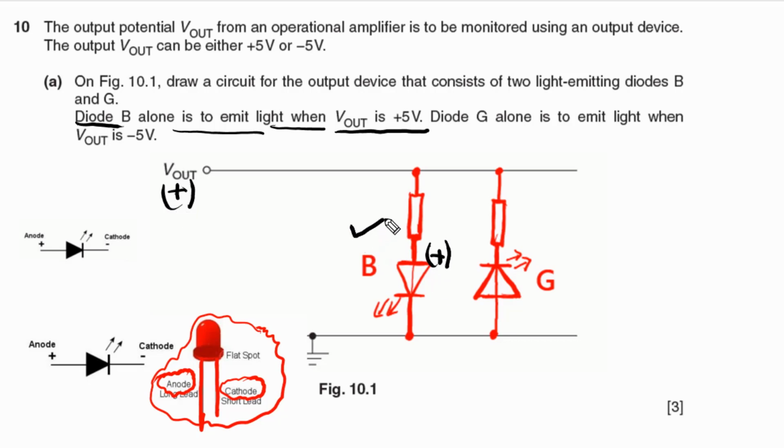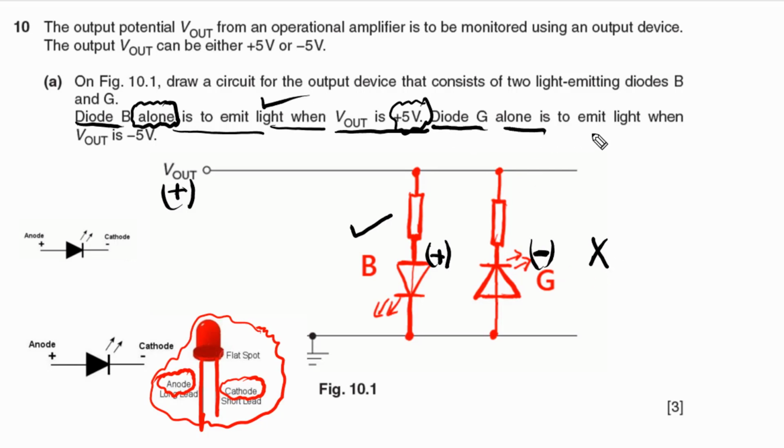So this one will be conducting, which means this LED will be on. It is also given that B alone has to be on when V out is positive, and this is true because this end of LED G is negative and this one will not be conducting. So this is true.